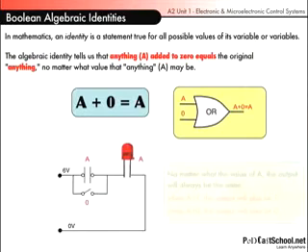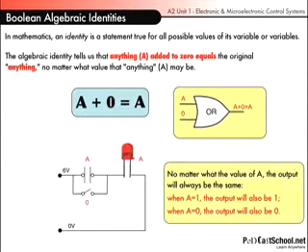Okay? I've said there, no matter what the value of A, the output will always be the same. When A is a 1, the output will also be a 1, and when A is 0, the output will also be a 0. But the important thing here is to remember this identity. A ORed with 0 equals A. Notice I said ORed and not added to.